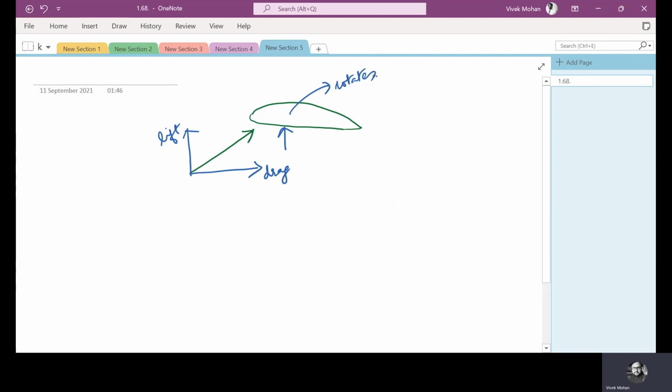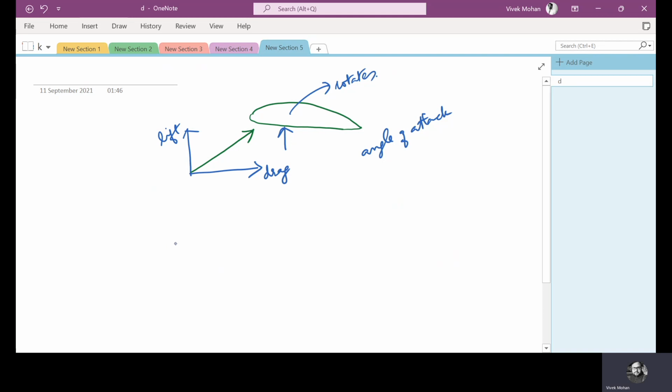Now, the angle at which the wind hits the blade is known as the angle of attack. So this angle is very important for calculation of lift, or when the angle of attack varies, accordingly the lift also varies. So the power output from the turbine also varies.